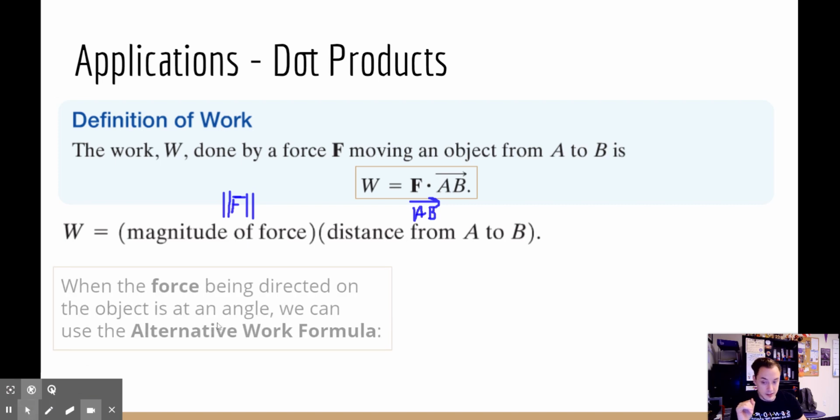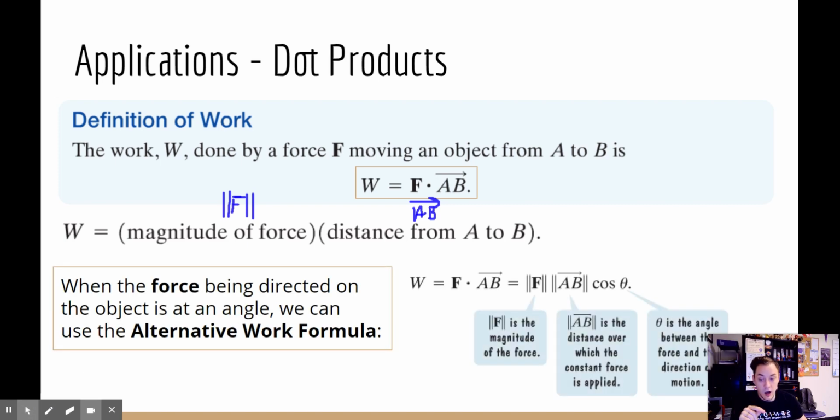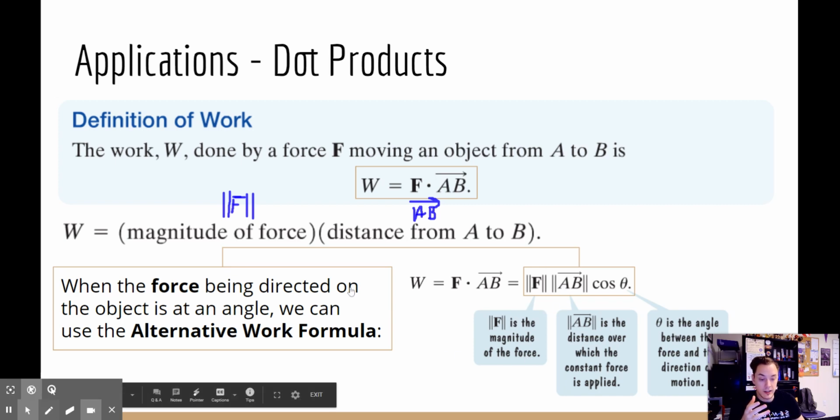Another way to rewrite this is when the force being directed on the object is at an angle. So when the force being directed on the object is at an angle, which it always is, okay, we can use the alternative work formula as follows. Okay, this little work formula right here. So I can take F, my magnitude of force, times my distance, and I can change that to be F, my magnitude of the force, right here.